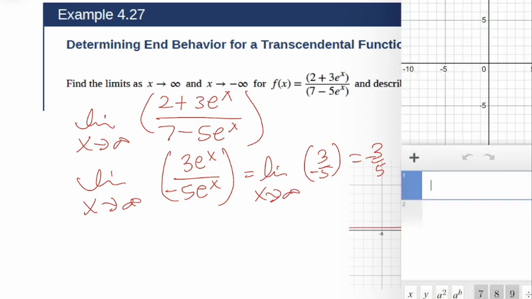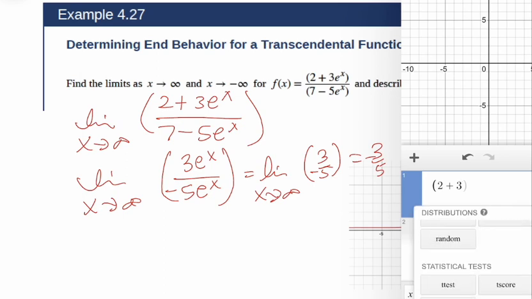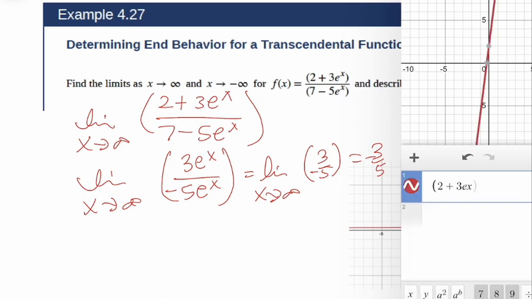But let's do the math here. Where do I get an e? Would I put exponential? No, I don't know. What do I put? Okay, we'll get e. Oh, okay.